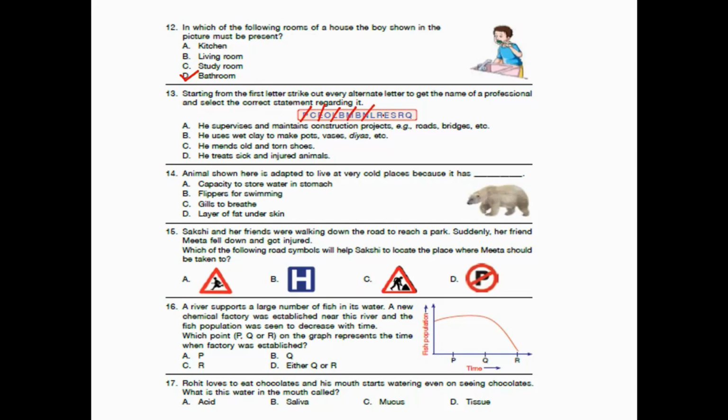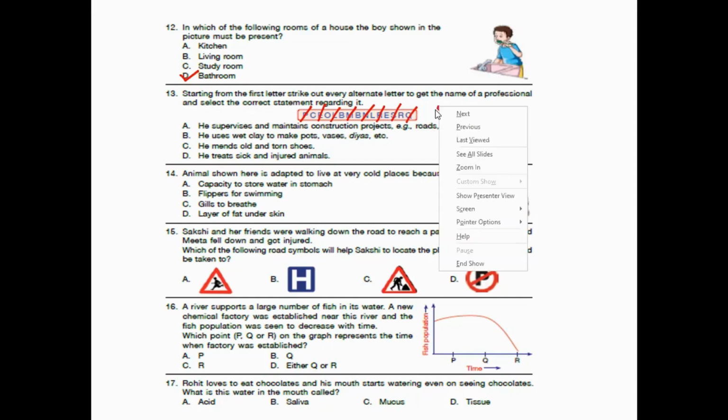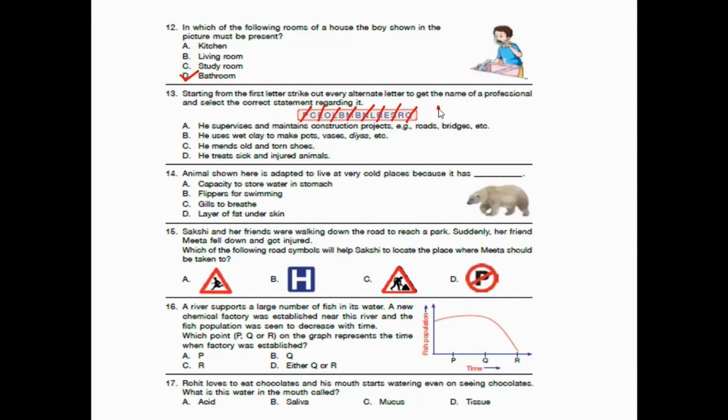Okay. So here we can see S, Q. So here we can see that it is cobbler. So a cobbler is the person that mends our old and torn shoes, right?